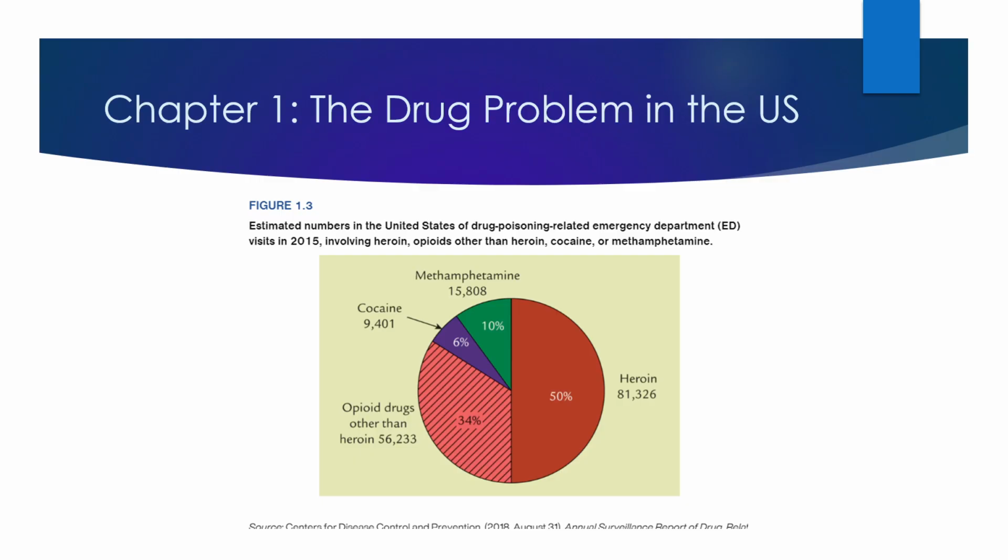So again, what to take away from this graph is that currently in the news there's a lot of attention being paid to fentanyl, but there are other problematic drugs as well, and definitely those within the type that we would call opioids are particularly dangerous.